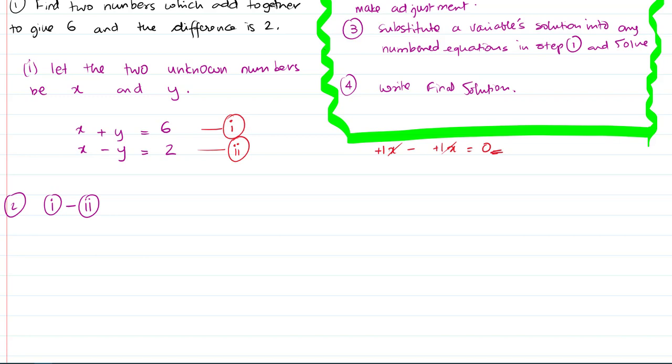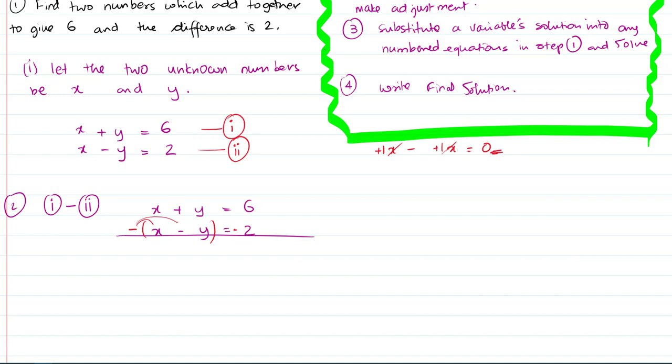I will write it out like this: x plus y equals 6, x take away y equals 2, and I like to do it like a simple math operation. I'm going to put a subtract sign here, with a bracket. This negative sign is going to multiply into the bracket, so you need to take careful note of the signs.